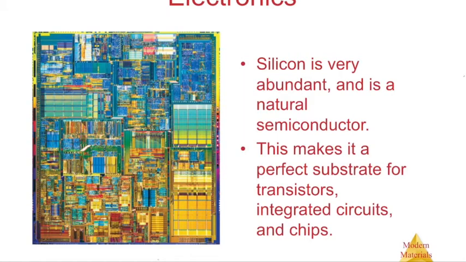So electronic silicon is perfect because it's cheap, it's made out of sand, it's also totally a conductor of electricity at room temperature, exactly when you would want it to be.